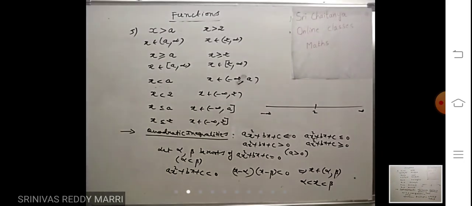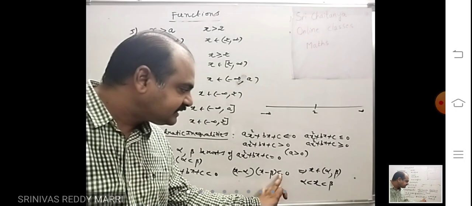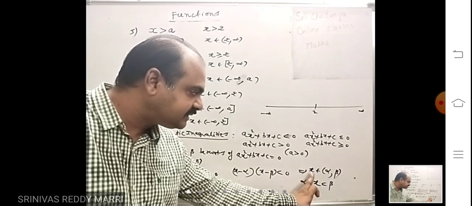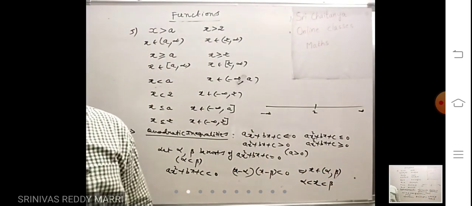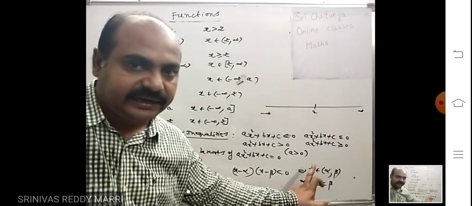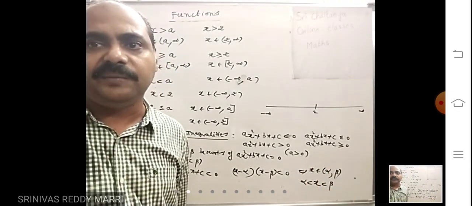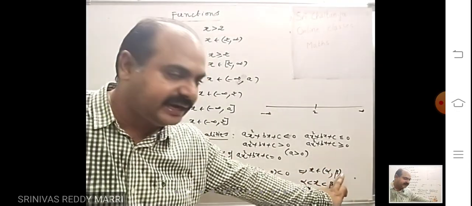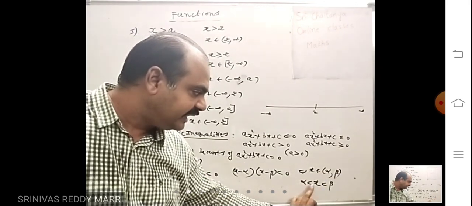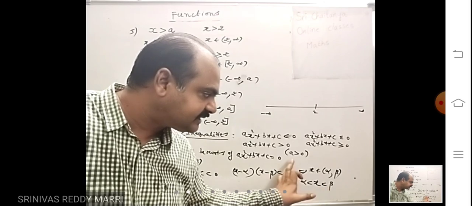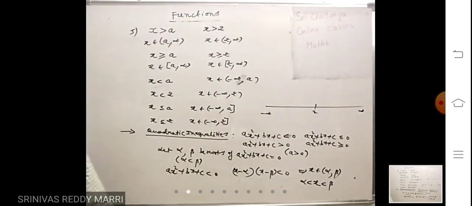You write x belongs to alpha comma beta. That is the solution set. X must lie between alpha and beta. This means an open interval.